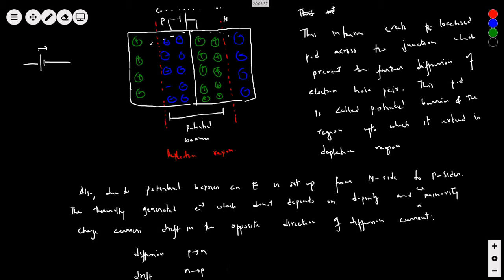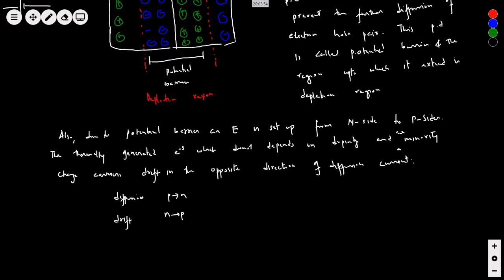Diffusion of holes takes place from P side to N side. But in the case of drift, the thermally generated electrons that are produced will move in the opposite direction. We are talking about the holes, the conventional direction of current, so don't get confused here.